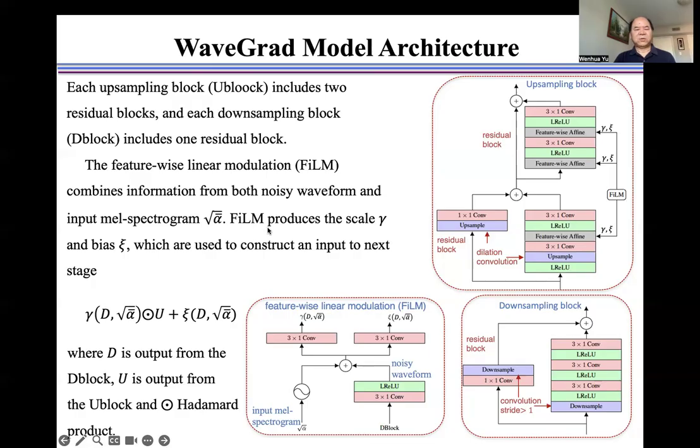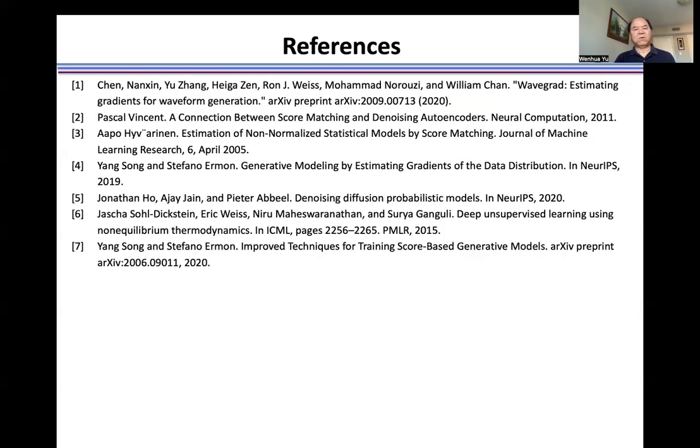FiLM produces the scale gamma and bias xi, which are used to construct the input to the next stage, as shown here, where D is the output from the downsampling block, U is the output from the upsampling block, and this sign is a Hadamard product. For more details, please check these references.